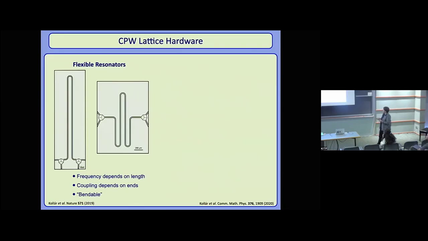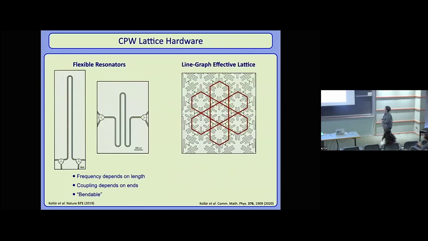The other thing that's important to remember about these kinds of lattices is that our lattice site is not a point-like object, it is a line-like object. So if you look at this photo, the lattice describing how the photons move is actually a Kagome lattice. The resonators are the sites, and you have a hopping matrix element if two resonators share an endpoint.